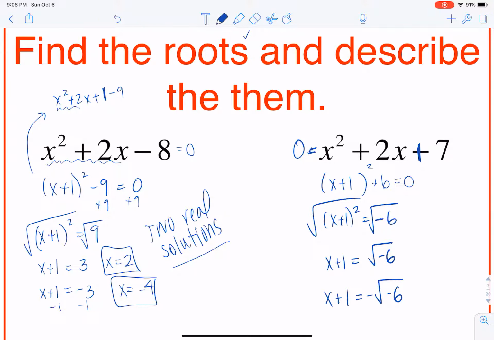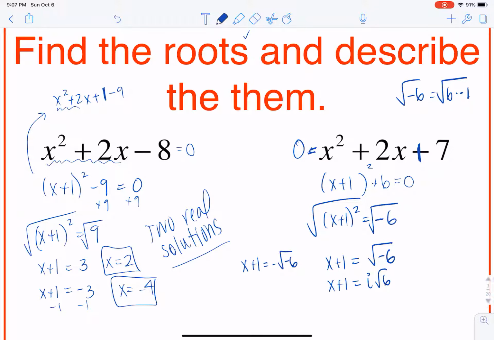I know that the square root of negative 6 is really the square root of 6 times negative 1. So x plus 1 is equal to i times the square root of 6, and I can subtract 1 from both sides and get that x is equal to i times the square root of 6 minus 1.